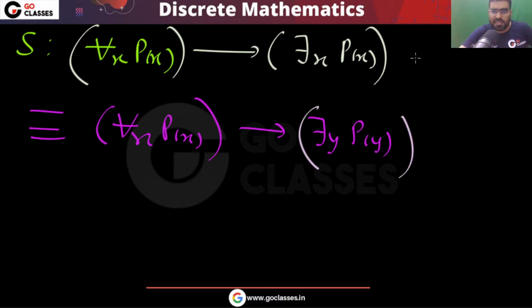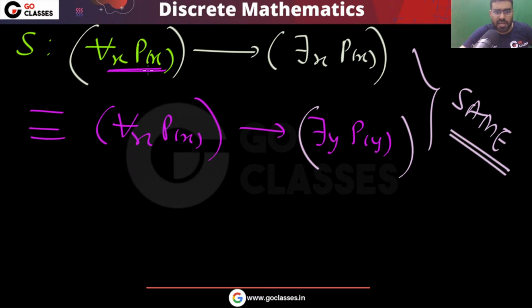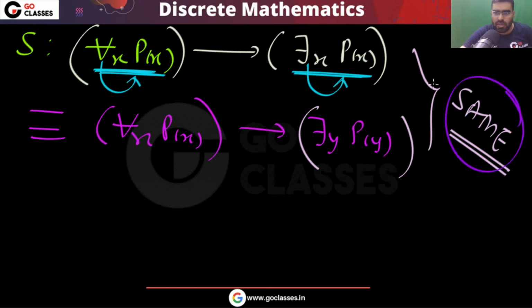These two expressions are basically the same. This is the scope of the universal quantifier, and this is the scope of the existential quantifier. So remember, these two statements are exactly the same.